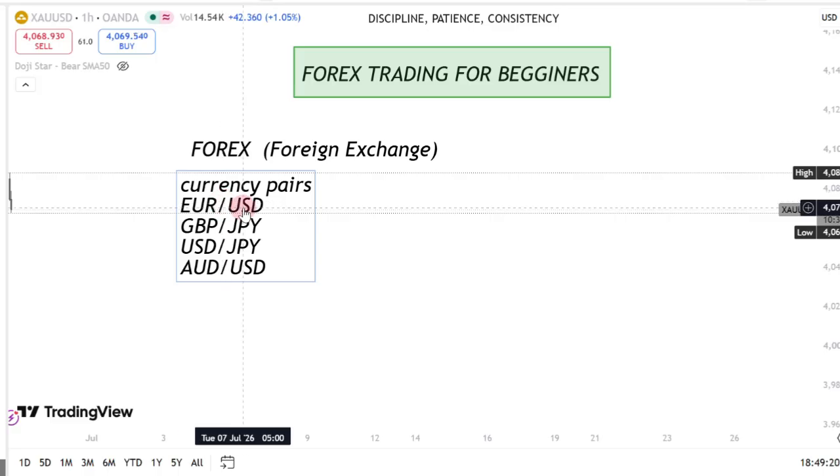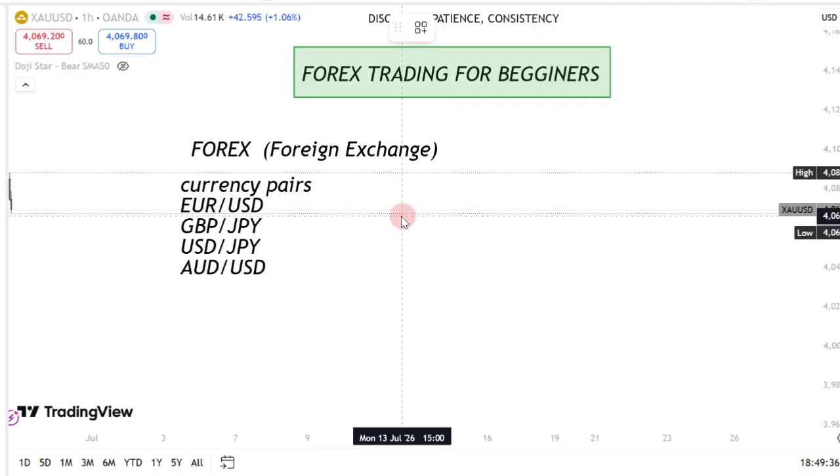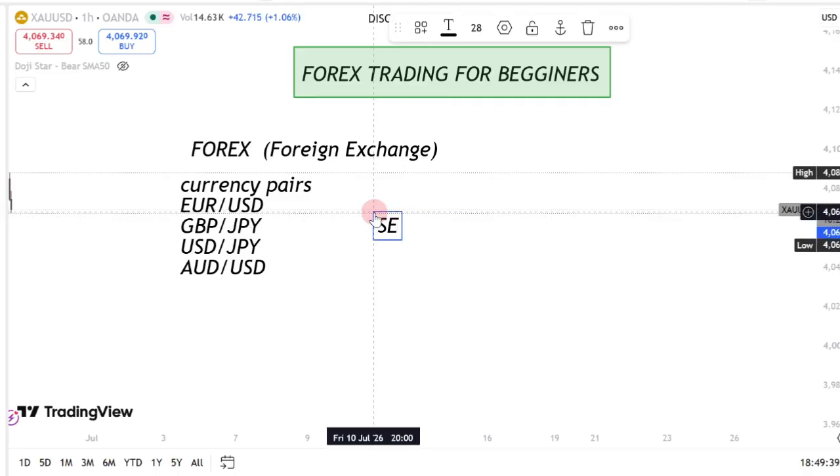So in the Forex market, when they say sell on EUR/USD, it means you are selling your euros and buying USD, basically meaning you are going to the United States.